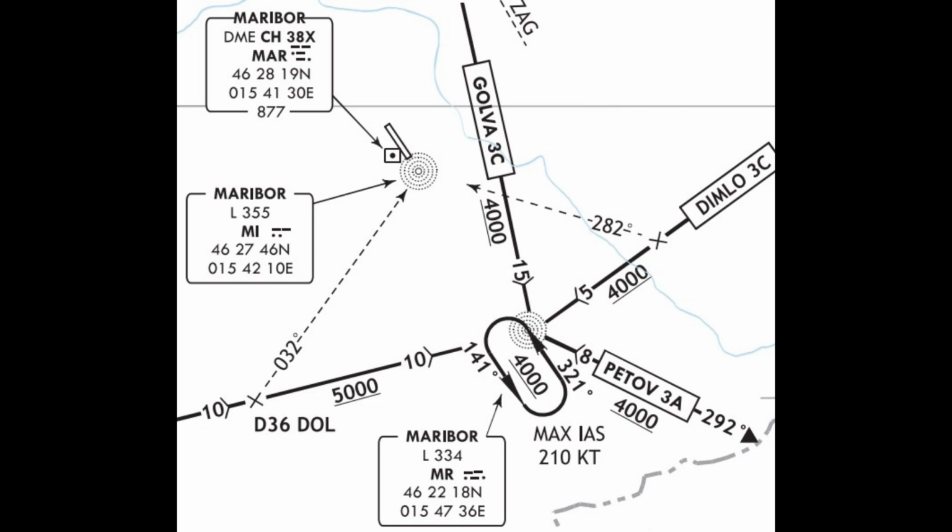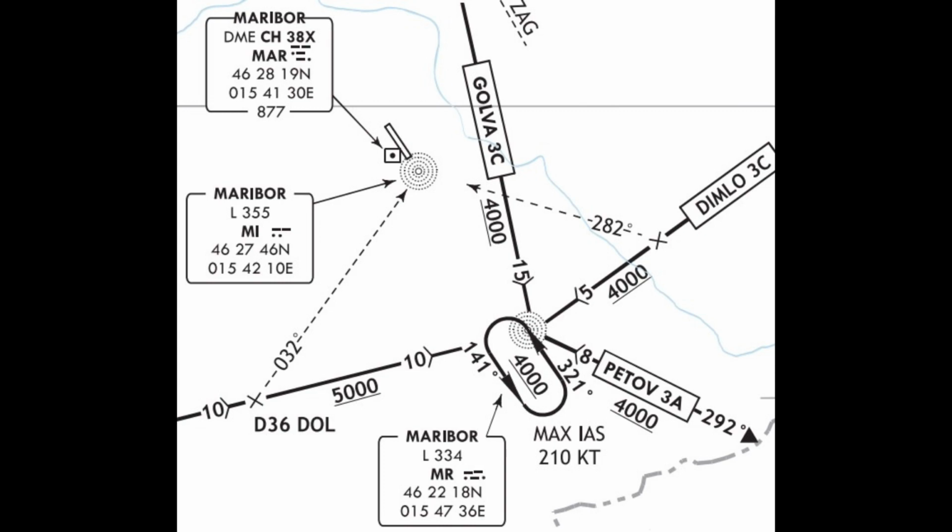The frequency you should tune in are stated above names of these NDBs. So for Mike India, the frequency is 355 kHz, and for Mike Romeo, the frequency is 334 kHz.